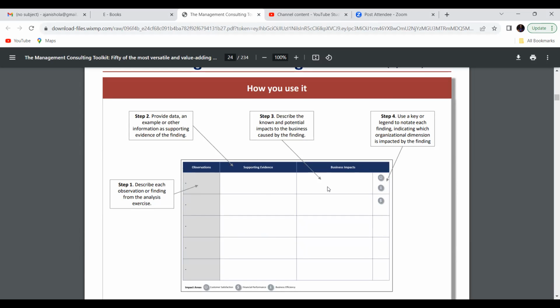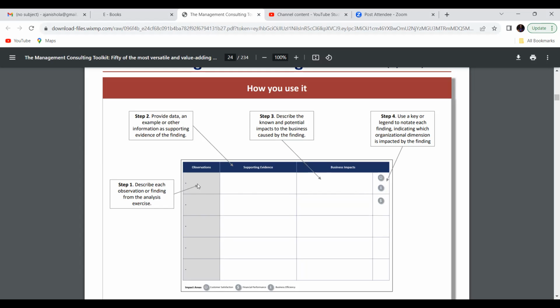And then beyond that, the business impact. You may want to conclude by focusing, and this is quite key, on the organizational dimension of the impacts based on your findings. Not just on the business, but what impact does it have on the entire organization? So this is the second template that you may find useful.